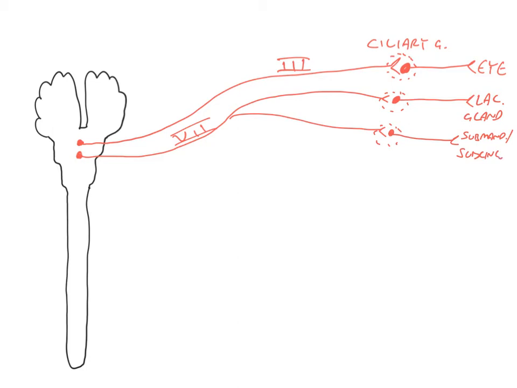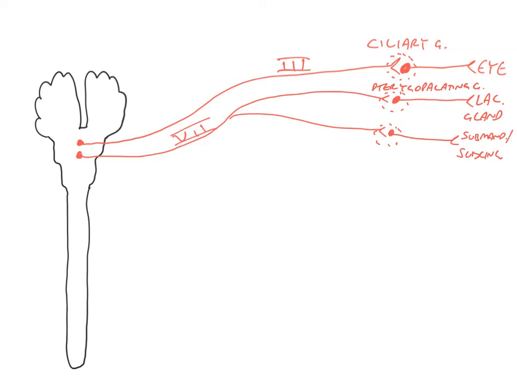salivary glands. The ganglion which supplies the lacrimal gland has quite a long name. It's known as the pterygopalatine ganglion, the pterygopalatine ganglion.